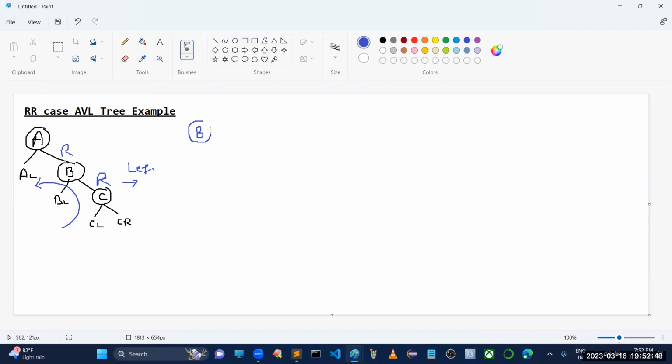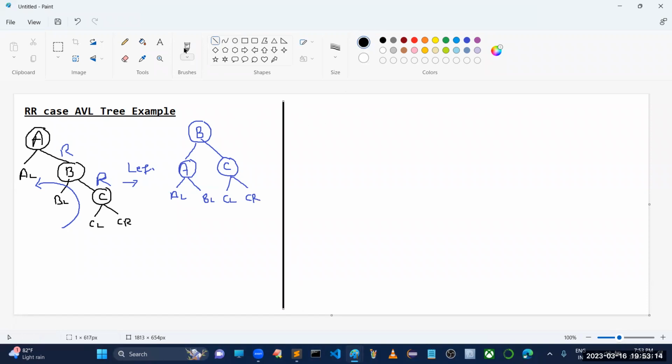Then your A will become the left subtree and your C will become the right subtree. Now observe carefully. For A, AL will be as it is, and this BL will come here. And for C, CL will be available as it is. CR will be available as it is. Very simple, sir.